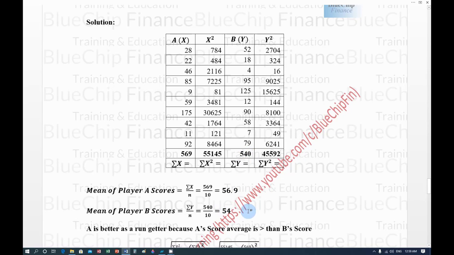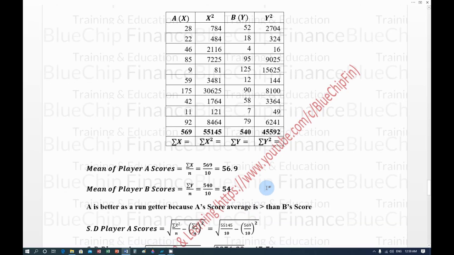So with respect to better run getter, player A is better than player B, because the average of player A is greater than player B's average.